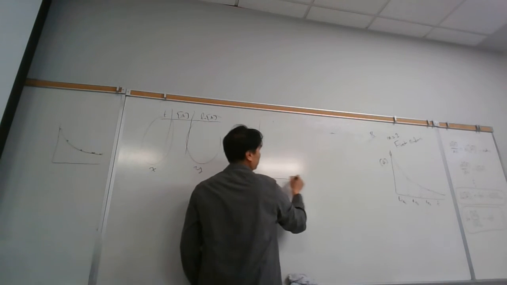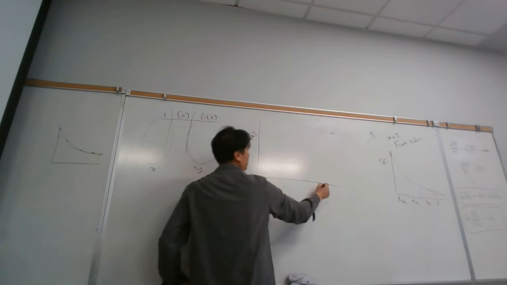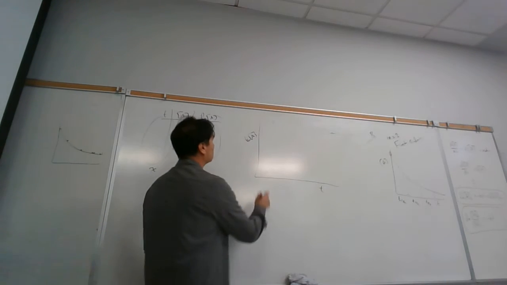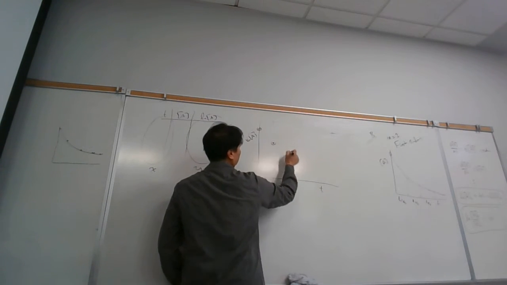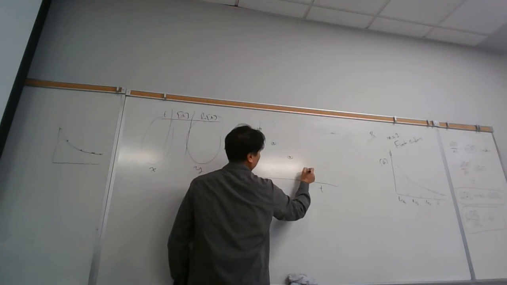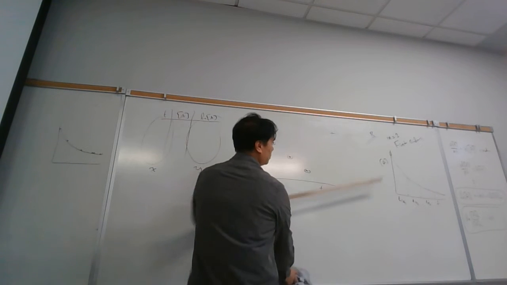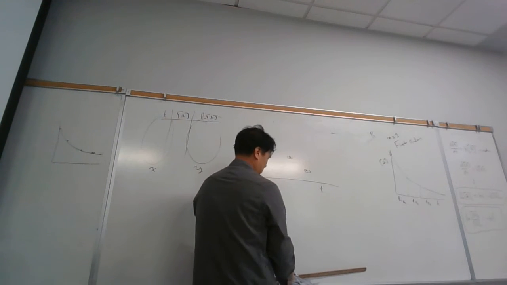If we make a plot of the natural log of the concentration of A versus time, it's going to look like this. It's going to be a straight line, rather than a curve. A straight line is easier to analyze than a curve.